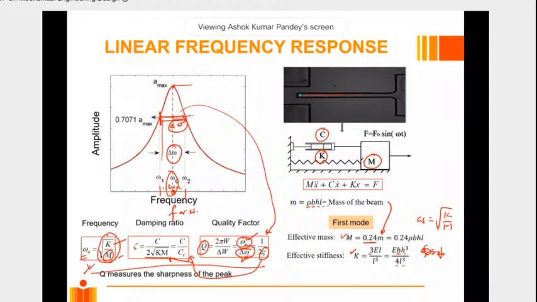That way we get confidence on these fabrication processes. We get confidence whether we are getting exactly the same parameters that we are thinking of, or we are getting different parameters, right?